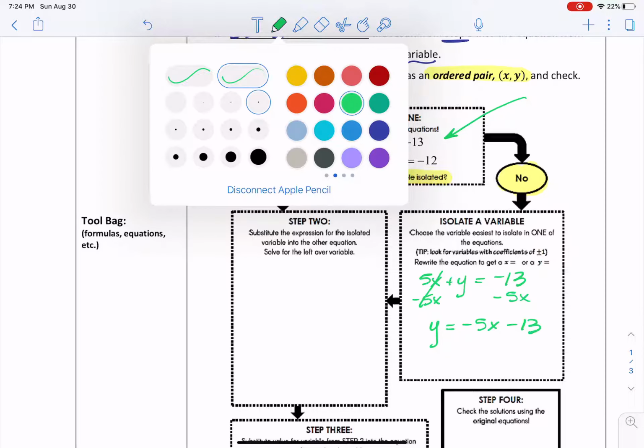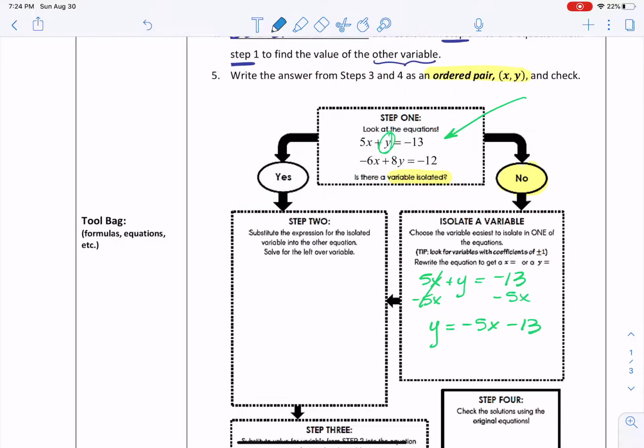So substitution means that one thing equals another. So I can take all of this and put it anywhere that I have a y in my other equation. So we start out with the second equation. That is negative 6x plus 8y equals negative 12. And right here, I'm going to substitute all of this.